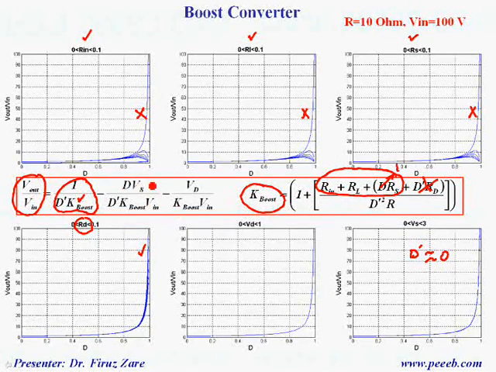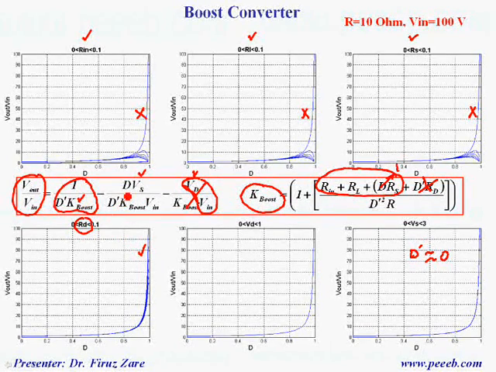And if you look at these factors, for example the effect of voltage drop across the switch or across the diode, again we can see that VD over Vin, especially for 100 volts, is not significant. So that's why we can ignore this term.